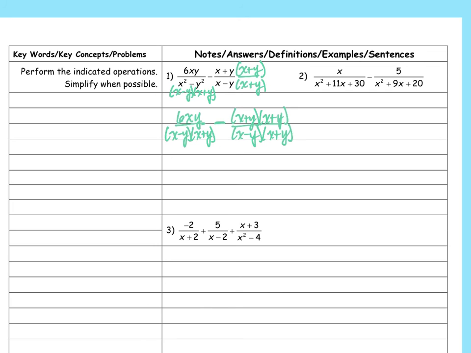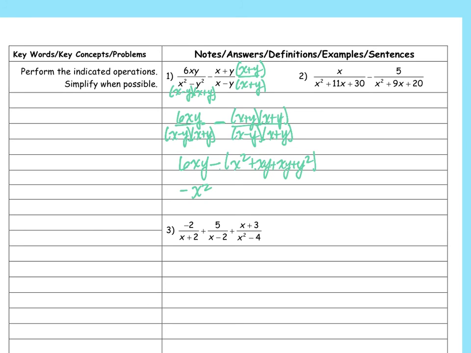So I'm going to get 6xy minus, let's see, x squared plus xy plus xy plus y squared. Beautiful. All over the common denominator. I'm going to leave the common denominator off for just a second so I make sure I have room to do this. So if I put my like terms together, I'm going to get negative x squared.